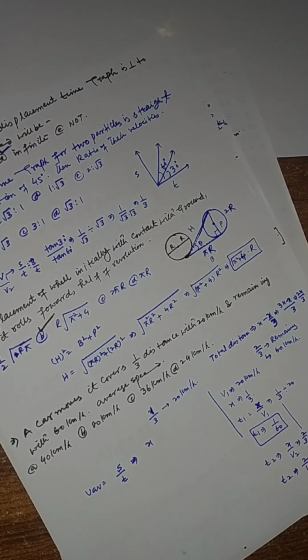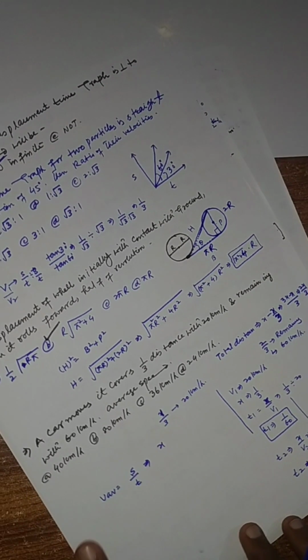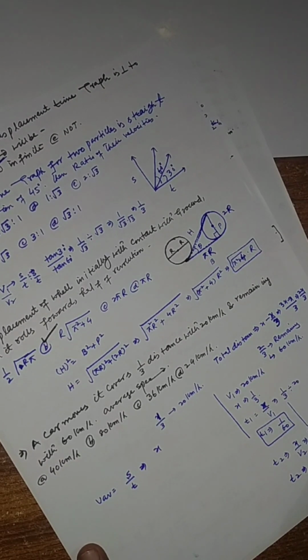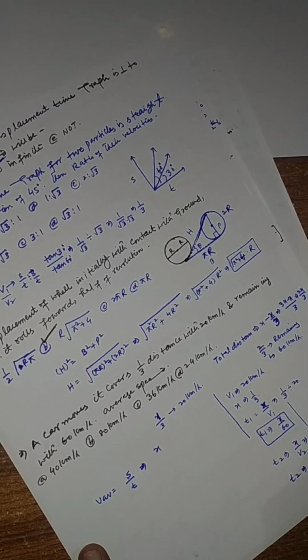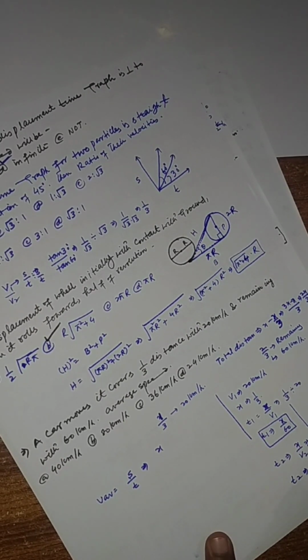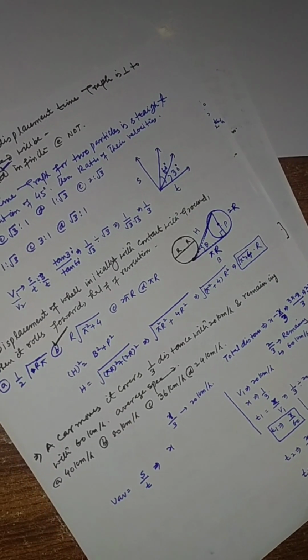So t2 is 1 over 90. Then this is x over 3, so this is x, and this is also x over 90.